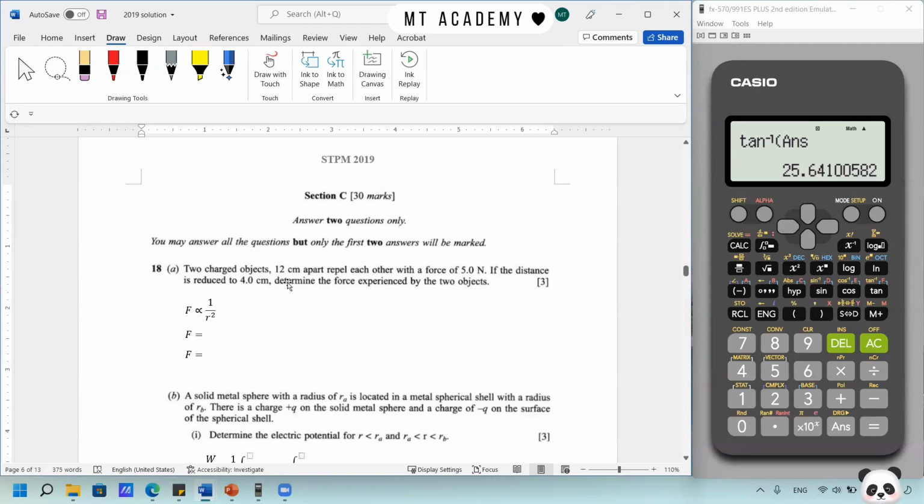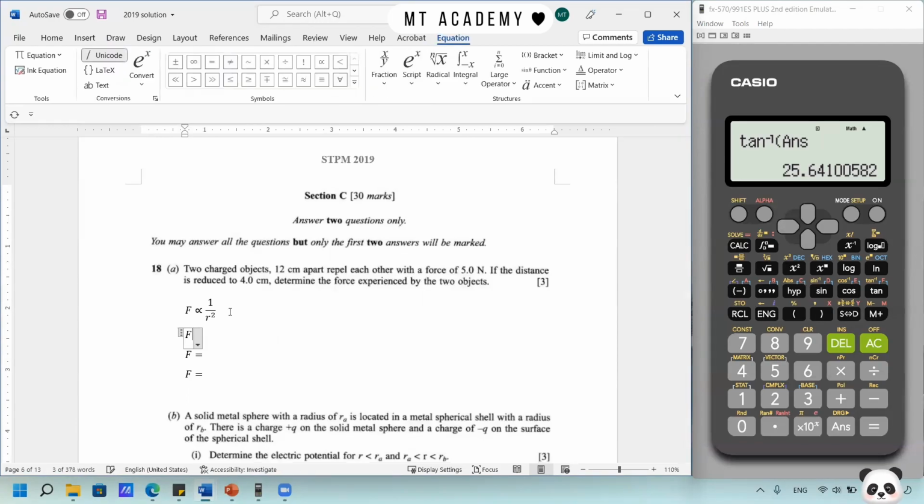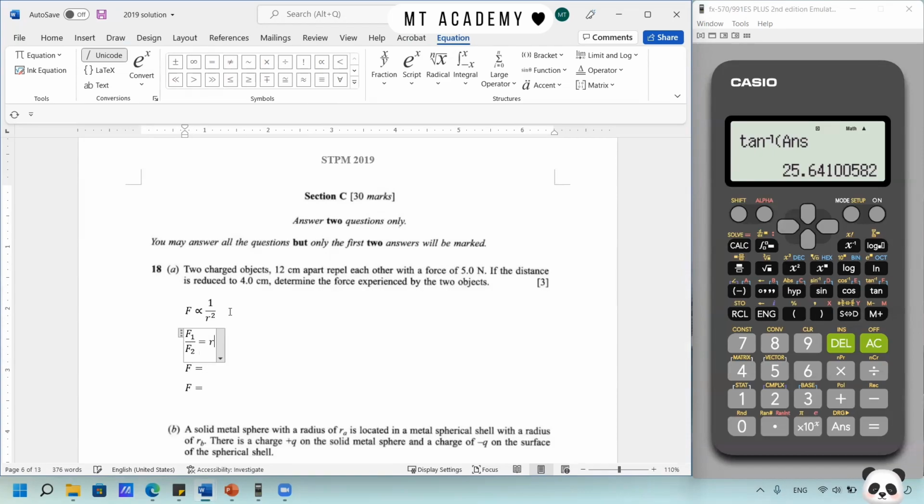From Coulomb's law, we learn that the force is inversely proportional to the square of the distance. So we have the ratio of F1 over F2 equal to R2 squared over R1 squared. This is the formula that you can use.